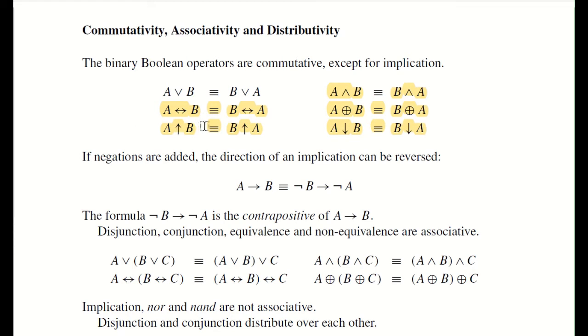Implication is not one that can be written in such a way, but we have another equivalent formula for implication: if we have A implies B, this is the same as writing not B implies not A in a negated form.